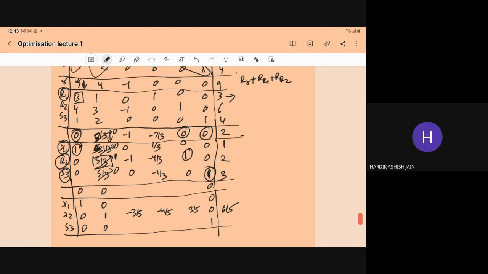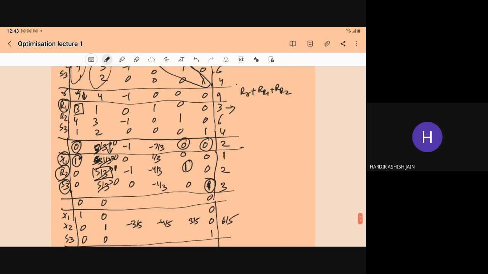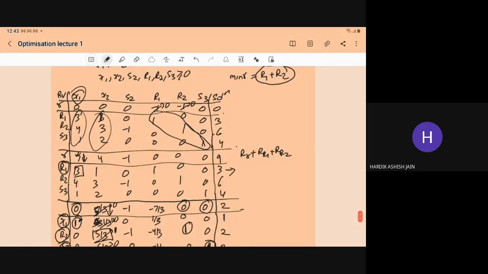Understood, sir. Or do you have the doubt why we have chosen x1 as the entering variable and r1 as the leaving variable? Is that the doubt? No, sir, the most negative one we choose, no? The question is of minimization, right?